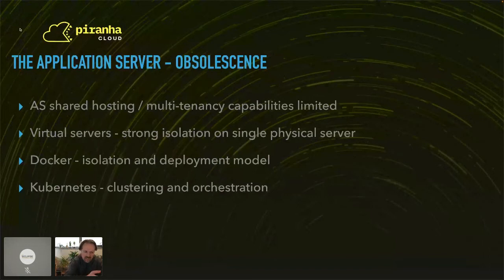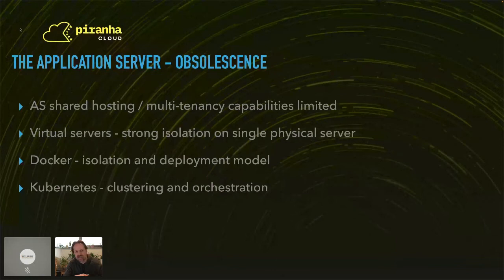Then there's this other development, containers, mostly in the form of Docker. They provide isolation as well, not as strong as the virtual server, but they do provide it based on processes and their own file system and resources. So this is still way stronger than an application server could provide.